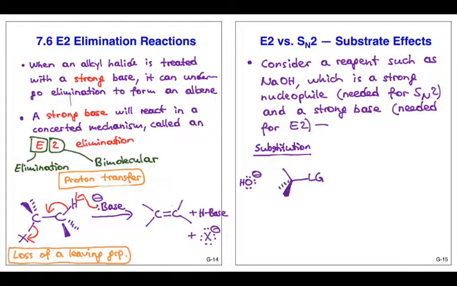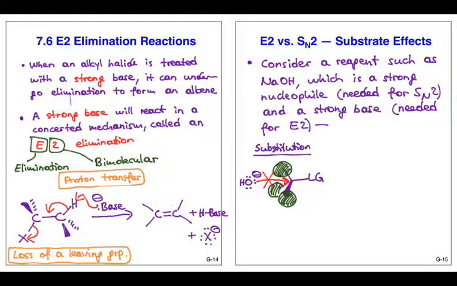Assume that we have a hydroxide anion reacting with a tertiary alkyl halide. And so as we have seen in the prior lectures, such a tertiary substrate is very sterically hindered. And so the hydroxide anion really can't reach the backside of the carbon-halogen bond, right?